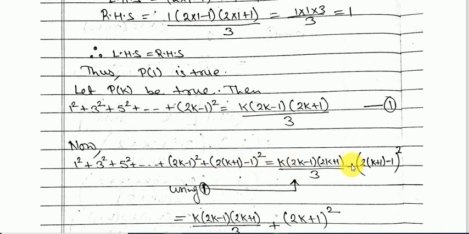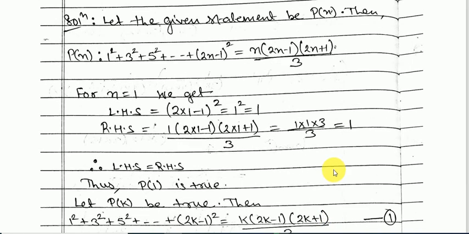Then is equal to on the right hand side for this from 1 square till (2k minus 1) whole square from the equation 1. Okay, we will get k into (2k minus 1) into (2k plus 1) upon 3 plus this. Okay, 2 into (k plus 1) minus 1 whole square. Now you have to simplify this, and at the end, you should be able to get, like here the last term was with n.